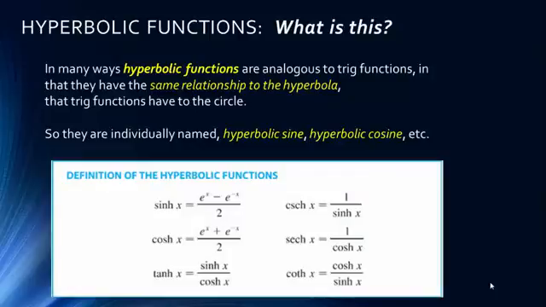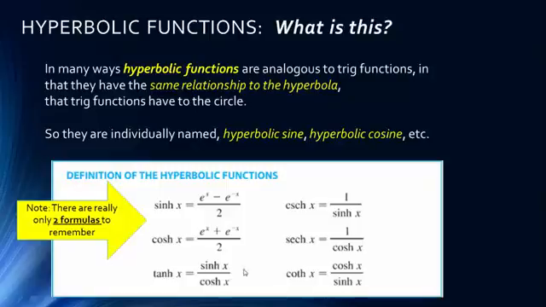Now, the way that we define them, again, is with Euler's constant. For example, hyperbolic sine of x equals e to the x minus e to the negative x over 2. Hyperbolic cosine equals e to the x plus e to the negative x over 2.